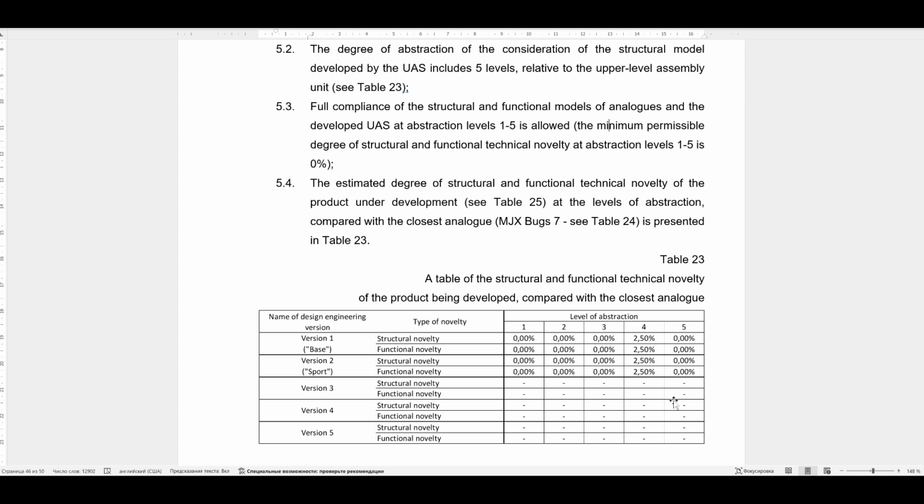In the case of the formation of a technical specification for a system or an aggregate, as well as in the case of formation of analytics for a purchased product or an assembly unit of a lower level, the table of structural and functional technical novelty of the developed product will look more diverse, since the changes at the lower levels of abstraction are more extensive. For example, we can add and exclude individual details, change manufacturing technology and the corresponding tolerances or roughness, and so on.